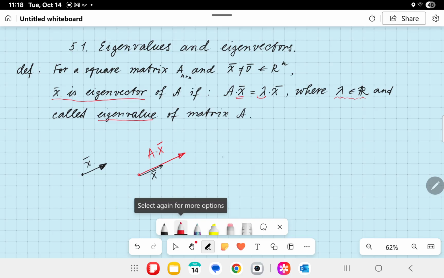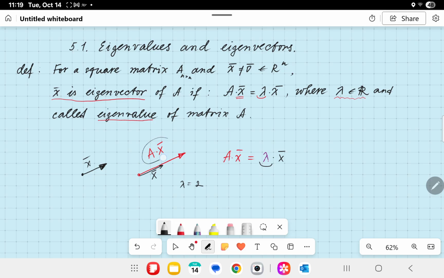So we are going to say that Ax, my new vector, is proportional to my original vector x with coefficient of proportionality lambda. On my picture, it's 2 actually. Lambda equals 2. So if I take vector x multiplied by 2, I'll get the resulting vector Ax. Again, this lambda is called an eigenvalue, and vector x is called an eigenvector.